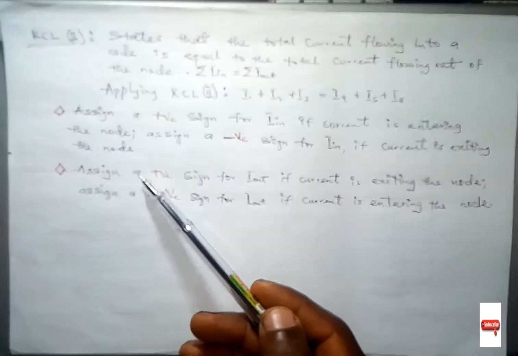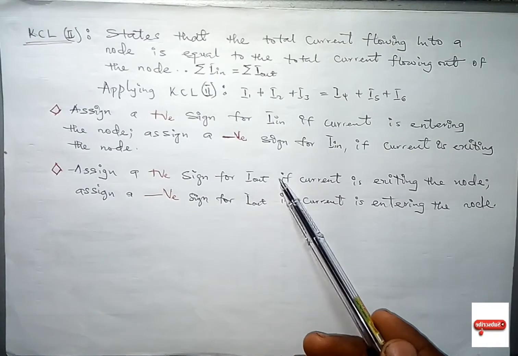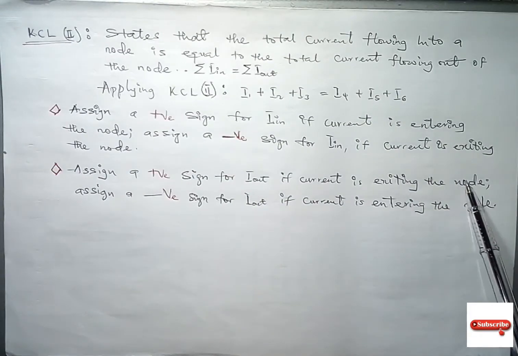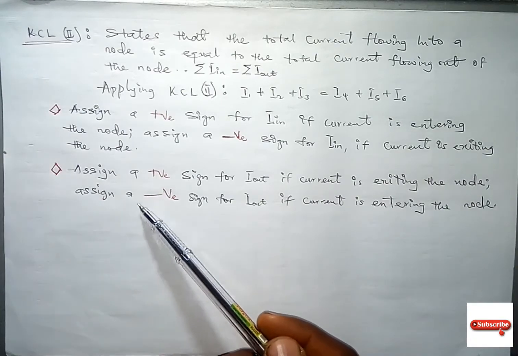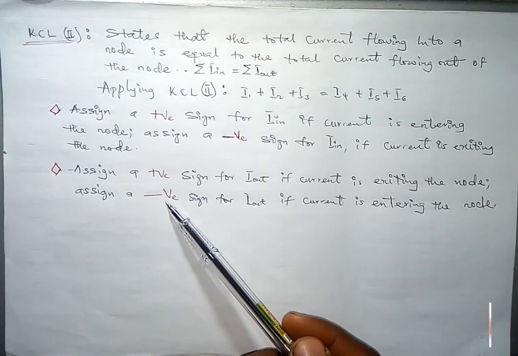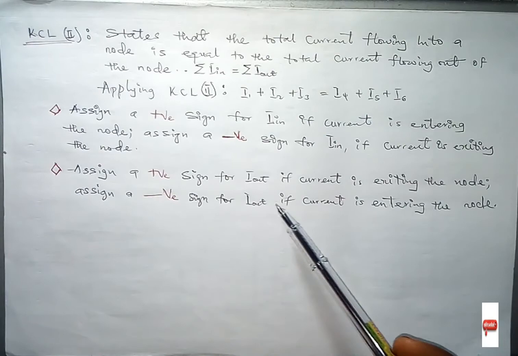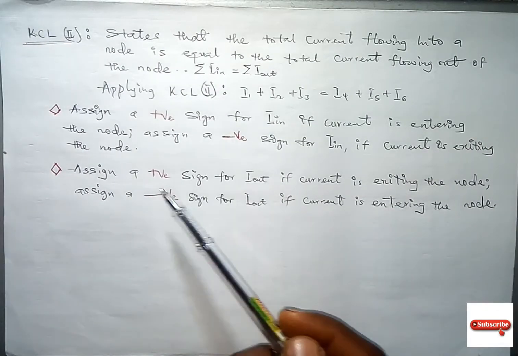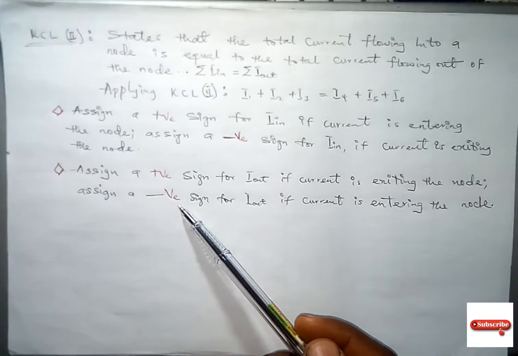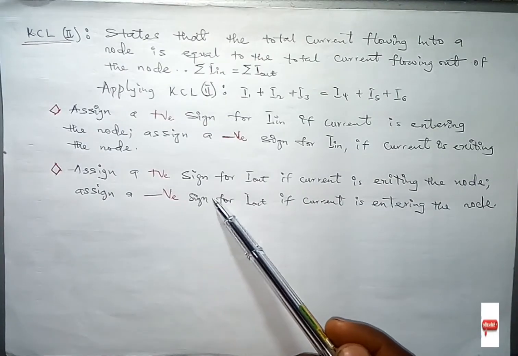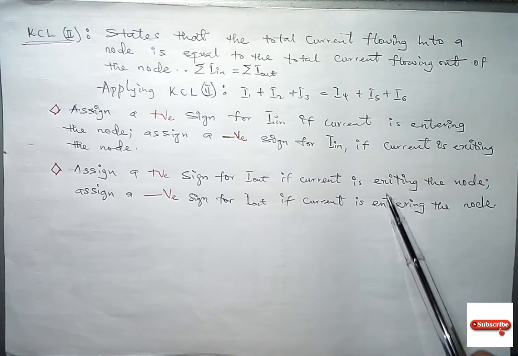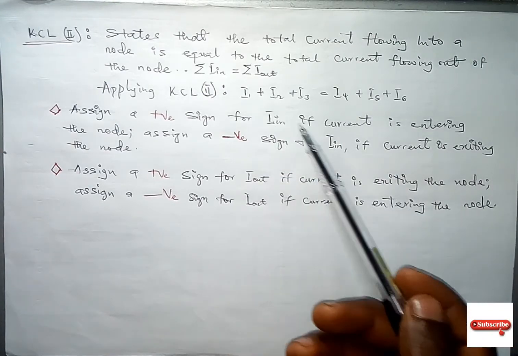On the other hand, assign a positive sign for I out if current is exiting the node, and a negative sign for I out if current is entering the node. So you can see it is happening on the opposite side. It depends on the one you want to use.